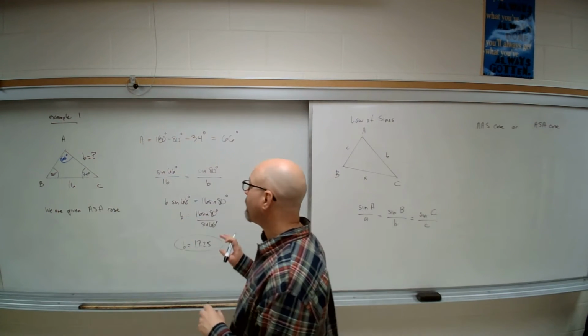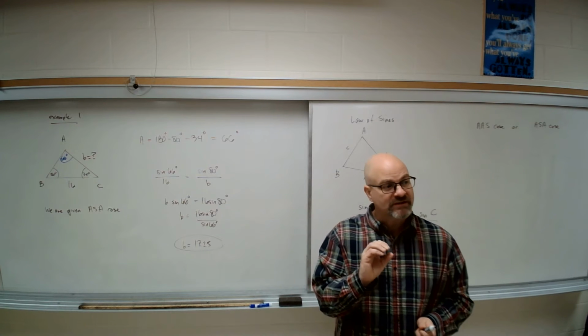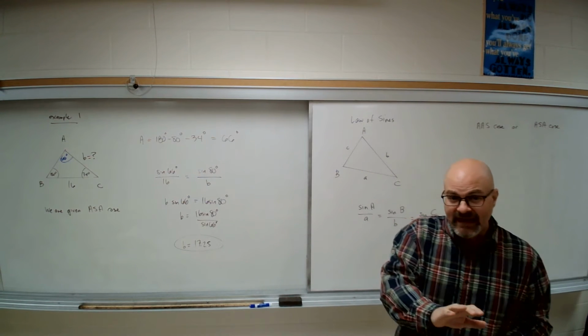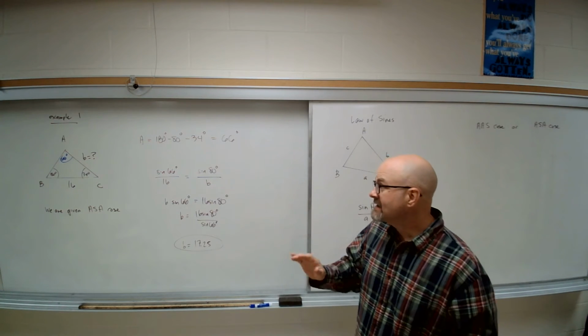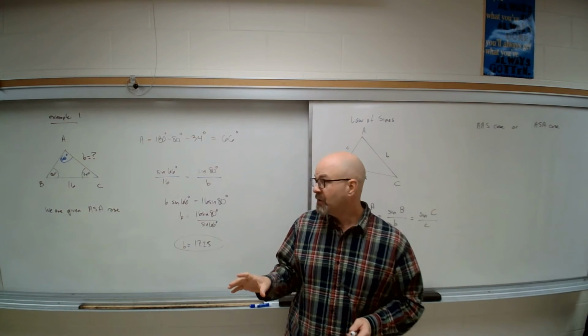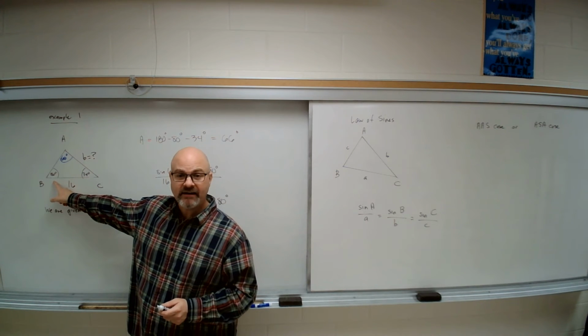Real quick though, before we move on to the second example, a check that you should always do when solving triangles. Always. It's super easy. You don't have to write anything down. You barely have to think. But this will always be true, the biggest angle should always be opposite the largest side. So in this case, of the three angles, we see that angle B is the greatest at 80 degrees.